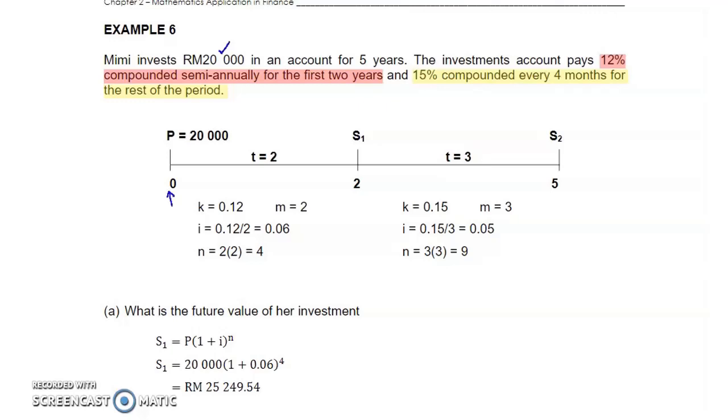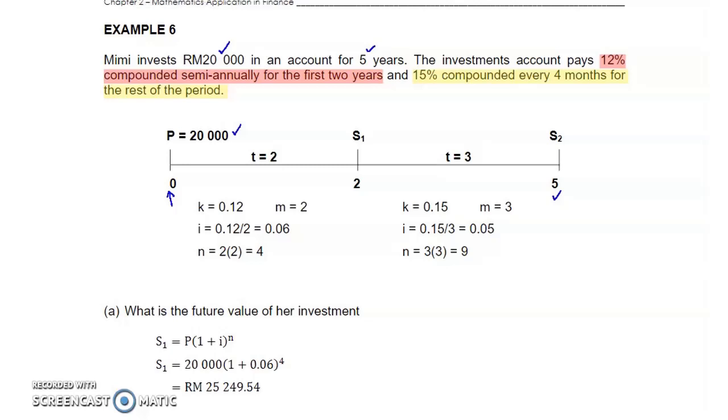So here principal 20,000 for 5 years, which is the total investment period. The investment account pays 12% compounded semi-annually for the first 2 years. That is the first stream.